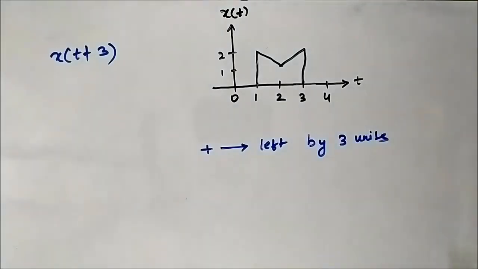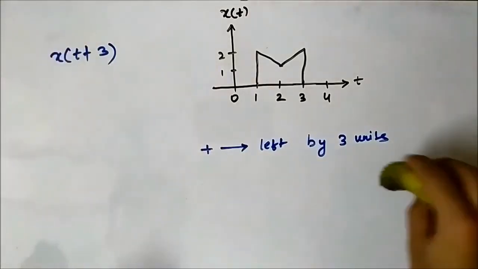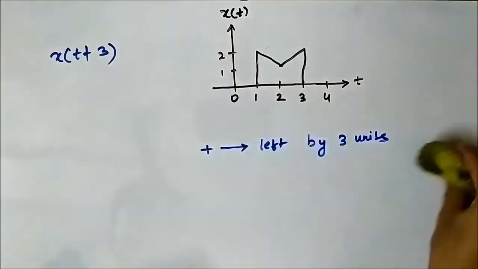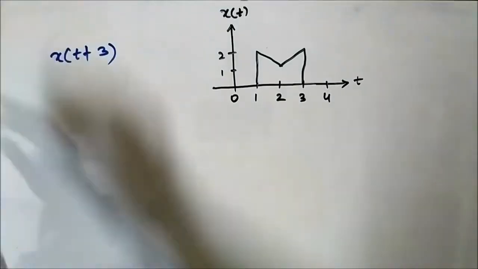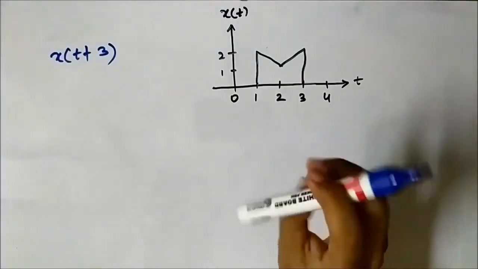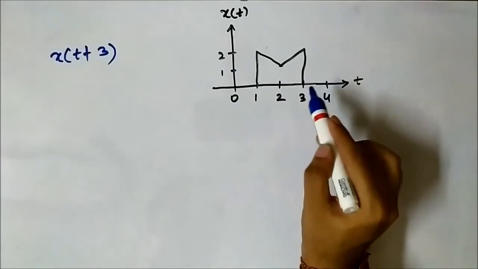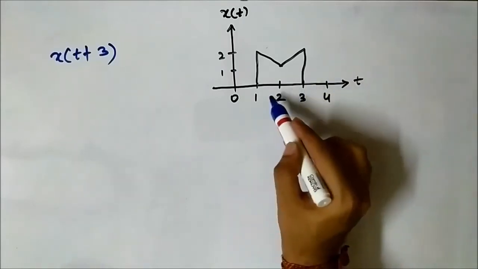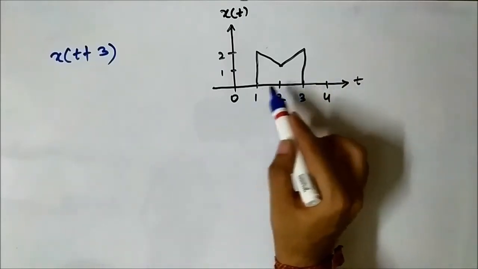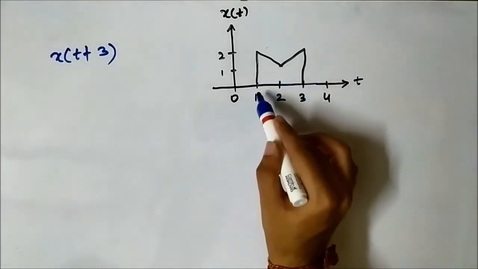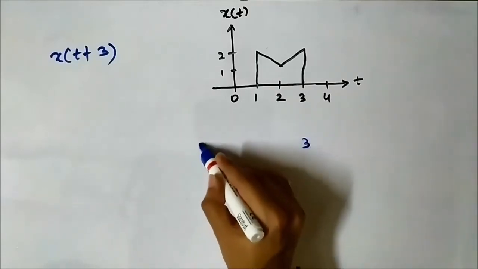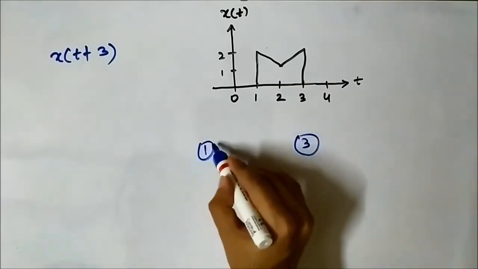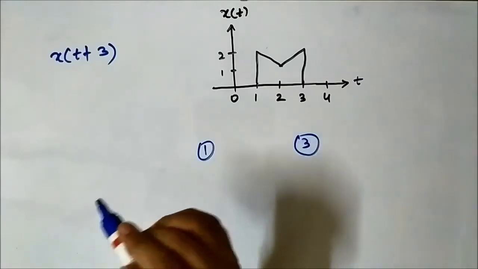Plus means left by 3 units. So here we have to pick the starting point and the ending point of the signal. This M shaped signal exists between 1 and 3. These are the 2 points: the starting point and the ending point.